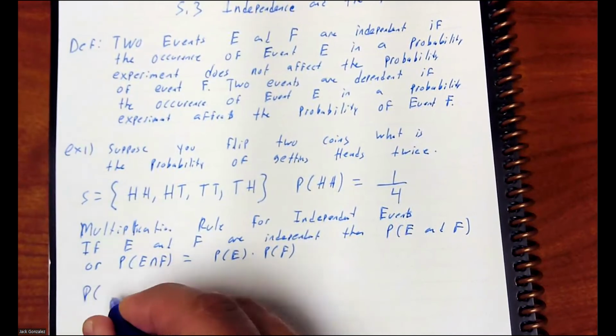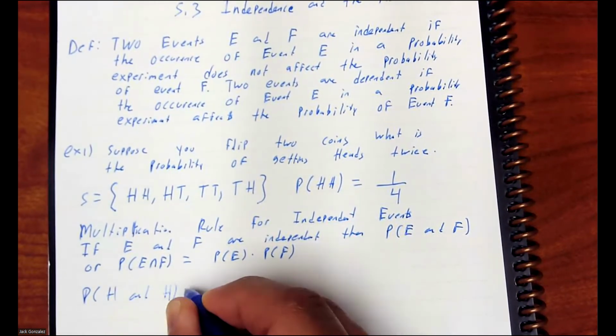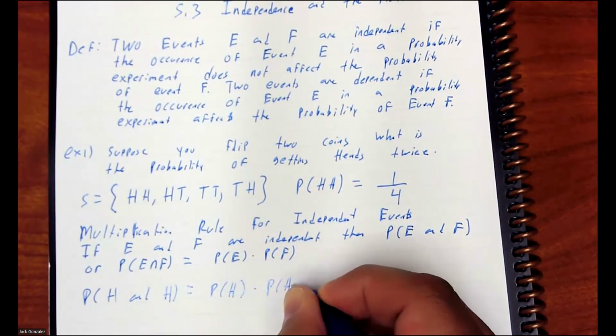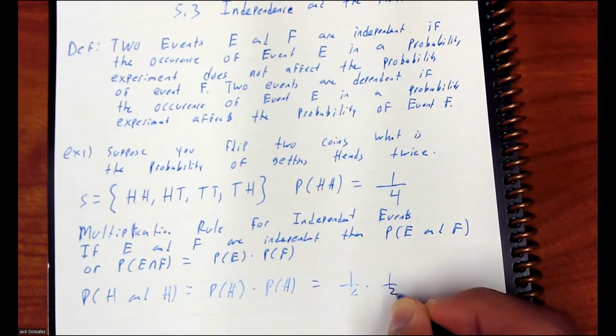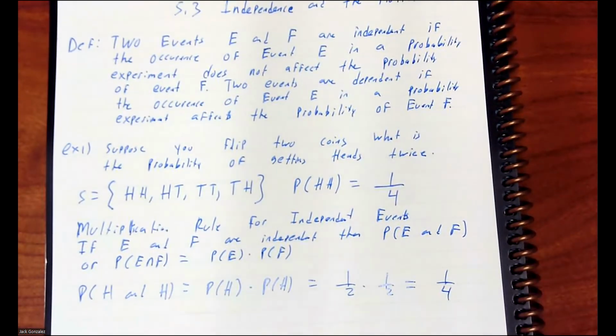So the probability of heads and heads is equal to the probability of heads times the probability of heads, which is a 1/2 times a 1/2. That makes sense? Get a heads first, then heads again.